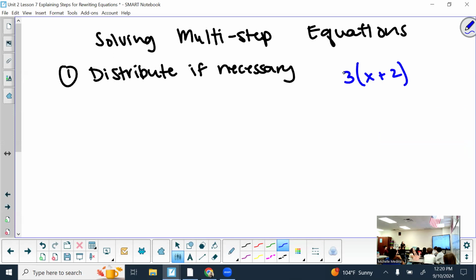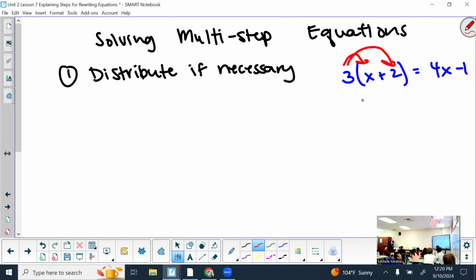It should be that something on the outside is being multiplied by it. If you see numbers in this setup where there are parentheses, with something added or subtracted inside, you take the outside number and multiply it by both of the inside numbers.